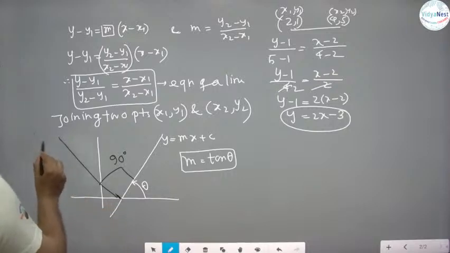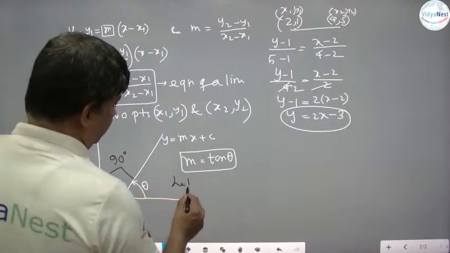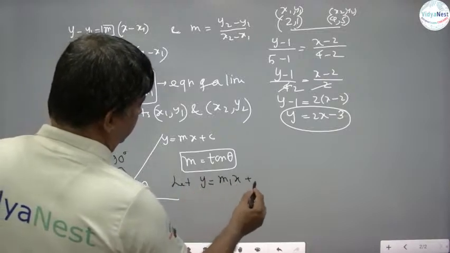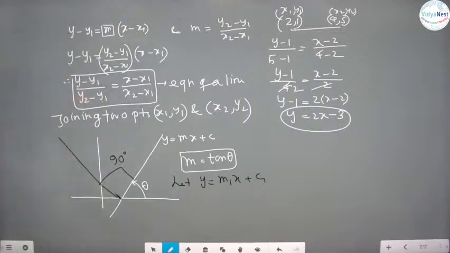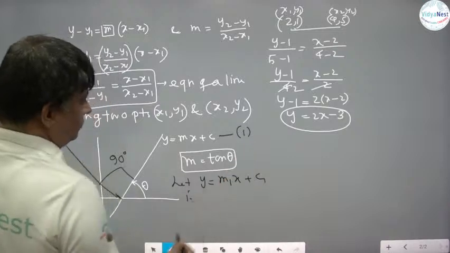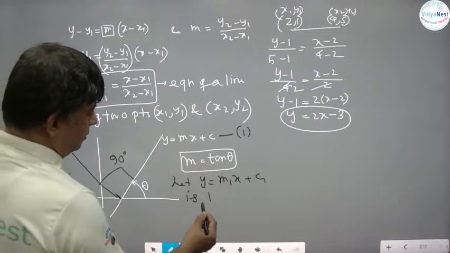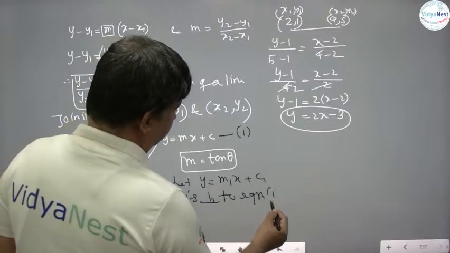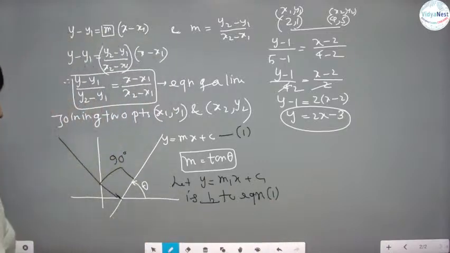Let y is equal to m1x plus c1, let this be equation 2, is perpendicular to equation 1.